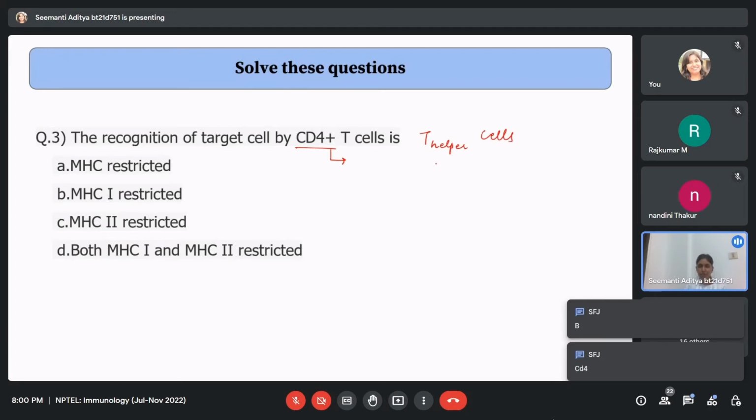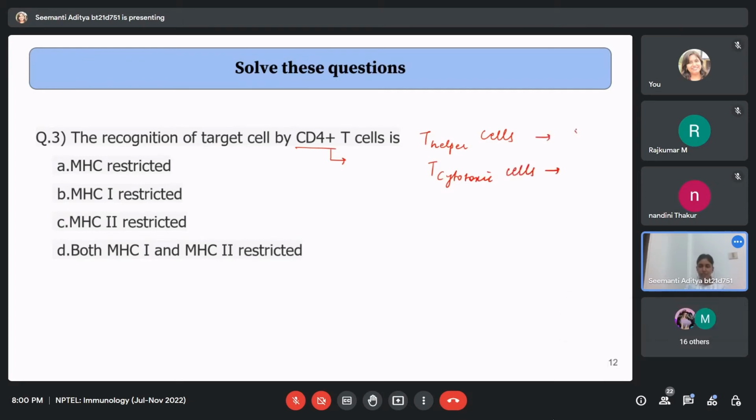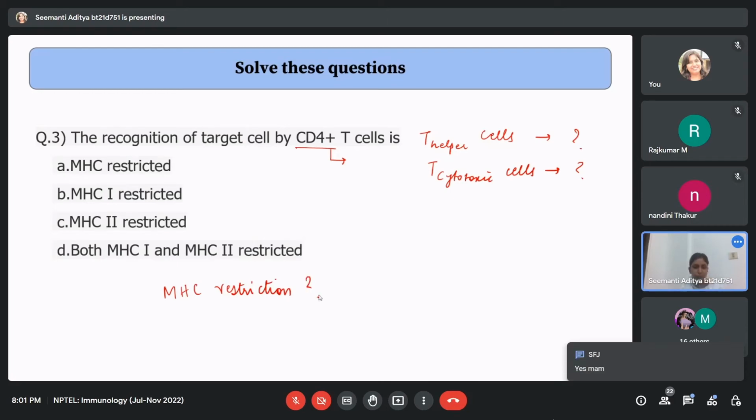T helper cells recognize which MHC, and T cytotoxic cells recognize which MHC? Before that, do you know what is MHC restriction? Anyone? Feel free to tell. It's not a problem if you don't know. You can try once.